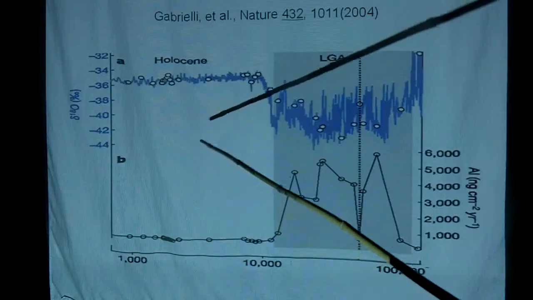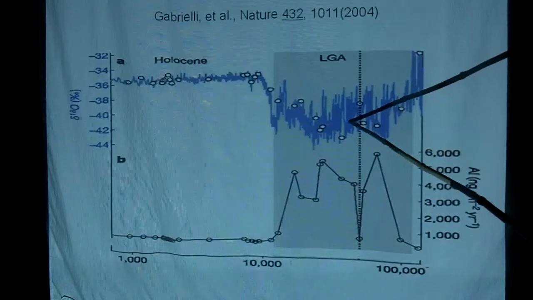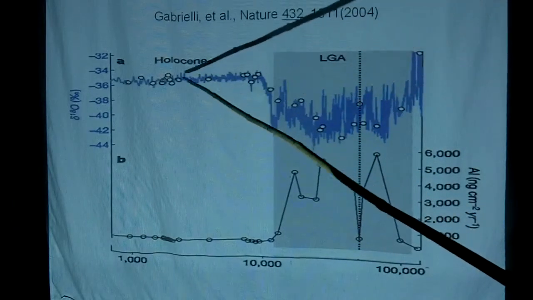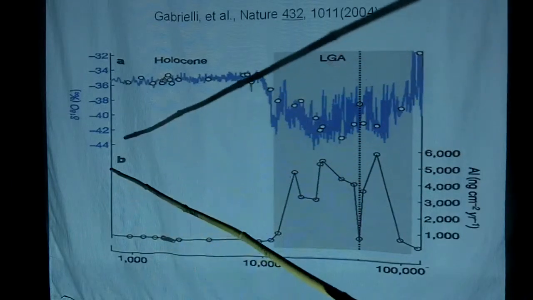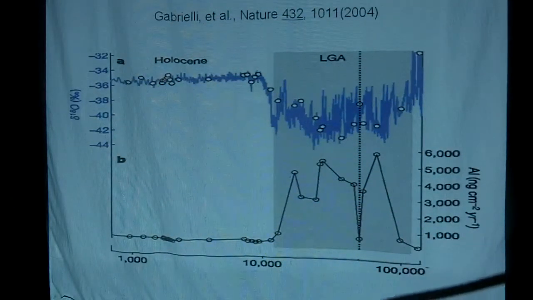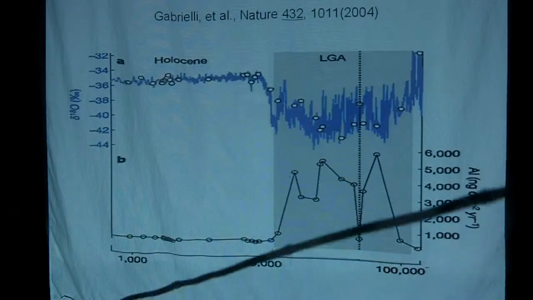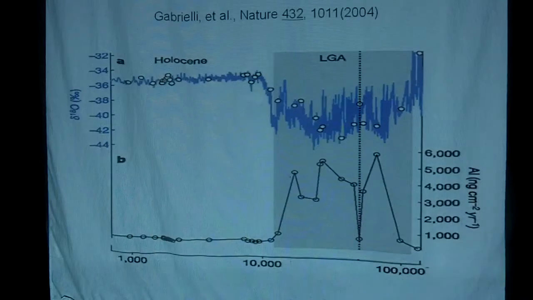And as you can see, the temperature is lower than what it is now, although this is just the oxygen 18 scale. And the reason it's negative numbers is that it's relative to a standard. It doesn't mean the oxygen 18 has got negative concentration.